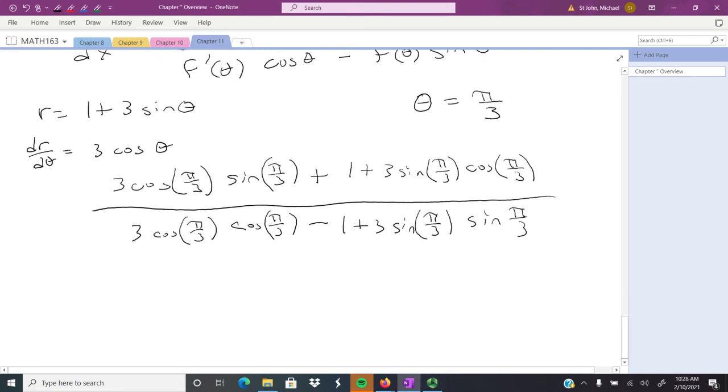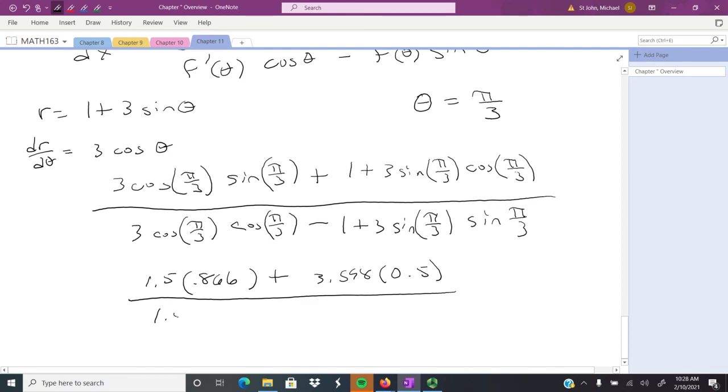So if I start plugging in the numbers, this would be 1.5 times 0.866, plus 3.598 times 0.5, over 1.5 times 0.5.